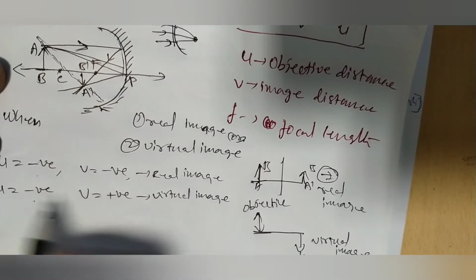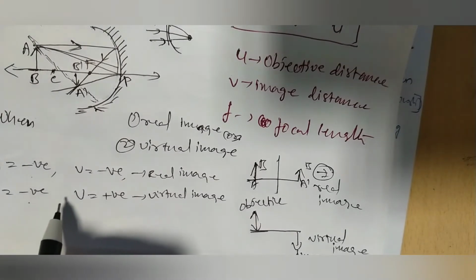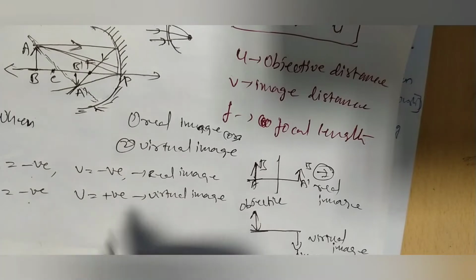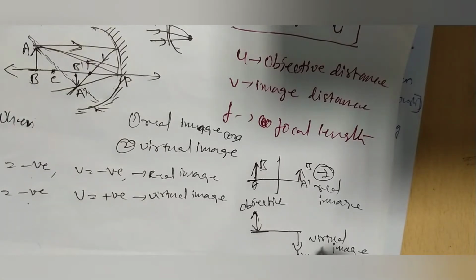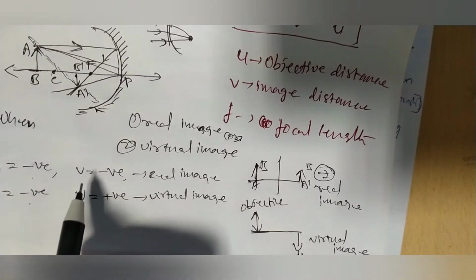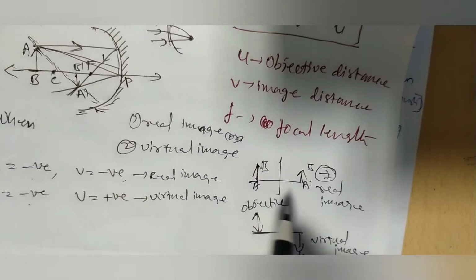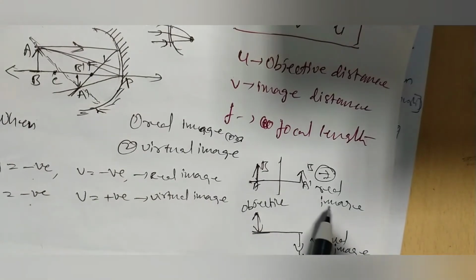If either one of the image distance and object distance is positive, we get a virtual image. If the object distance and image distance are both positive or both negative, the same sign, we get a real image.